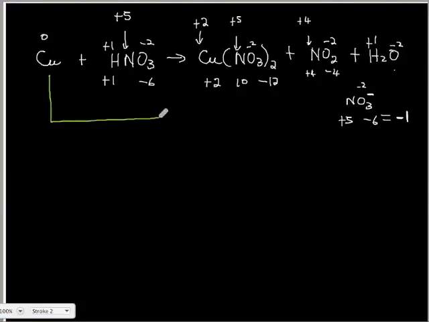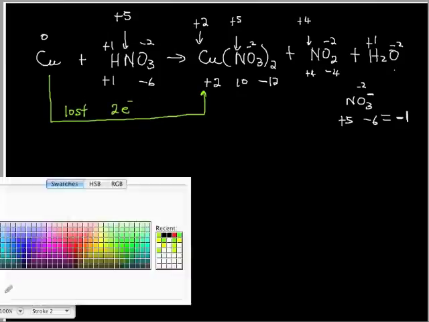So I can see that copper is oxidized, which basically means it's a reducing agent. And that means copper would have lost electrons. And this time we want to figure out how many electrons it would lose. It would lose 2 electrons. So that's important to note.